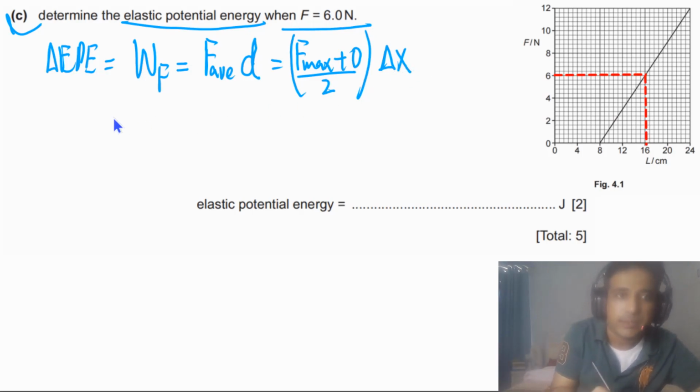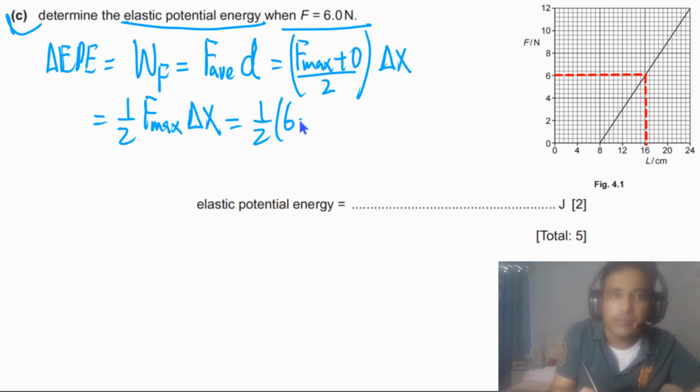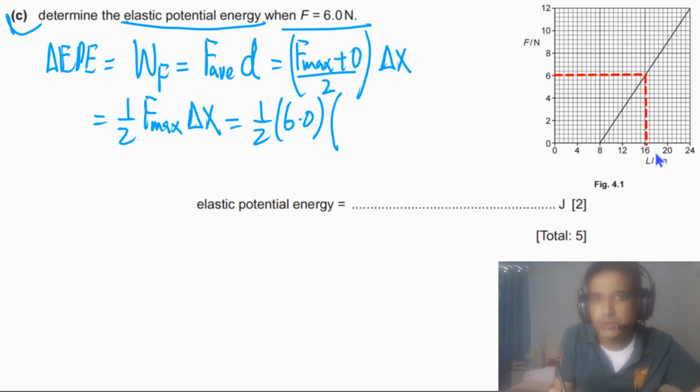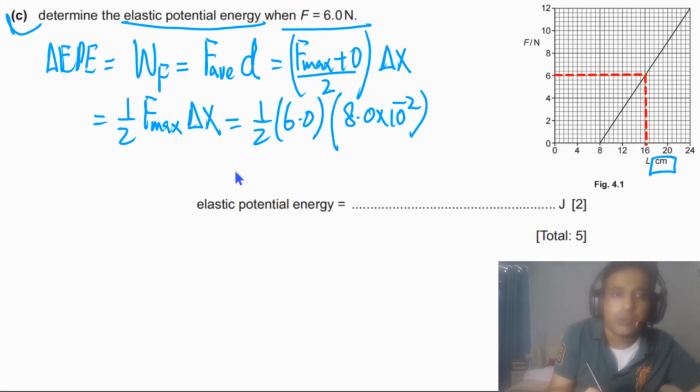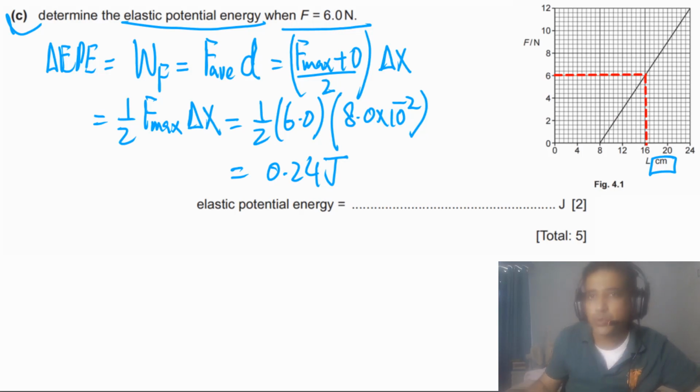So simply we can write here 1/2 F max times delta x, and the value of F max is 6.0 newtons, and we can find delta x: 16 minus 8, it means we will get 8.0, and this will be multiplied with 10 to the minus 2, because this is given in centimeters. If we solve this one, our final answer will be equal to 0.24 joule.